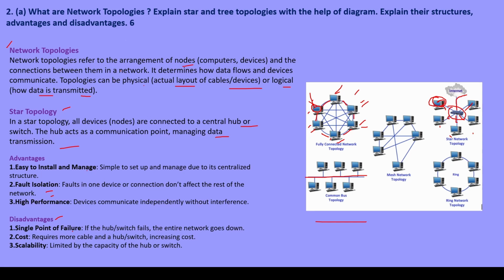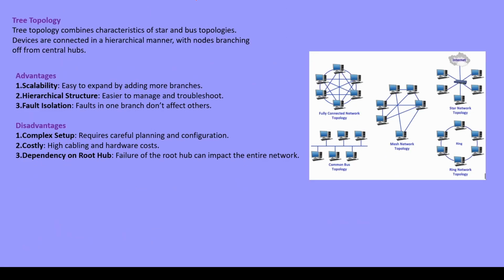So here is an example of bus topology and mesh. Next we move to tree topology. What is tree topology? It is a characteristic of bus topology. Devices are connected in a hierarchical manner, with nodes branching from central hubs.